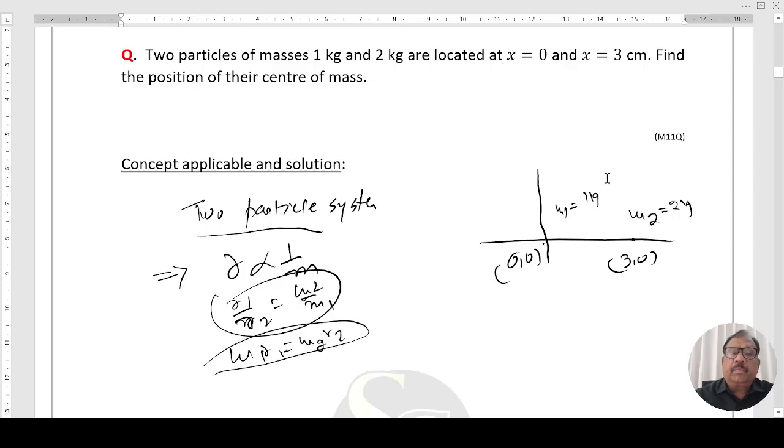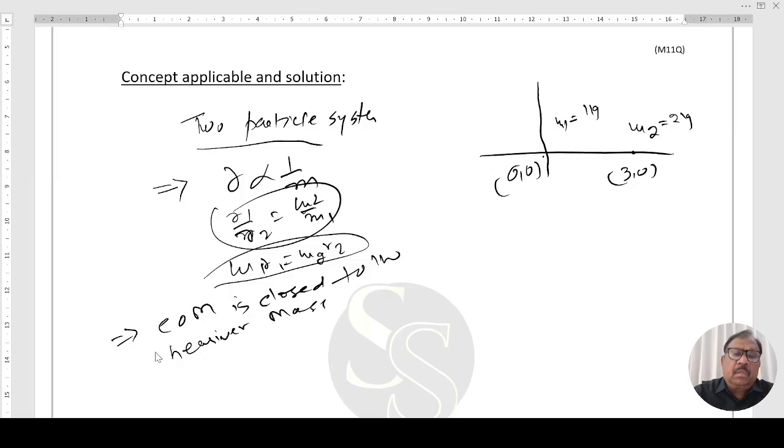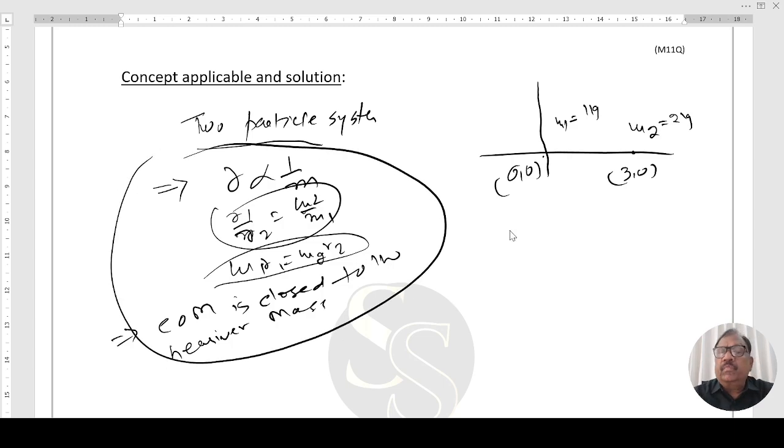These are the moments, right? Center of mass is closer to the heavier mass. These are the certain concepts that I have discussed.